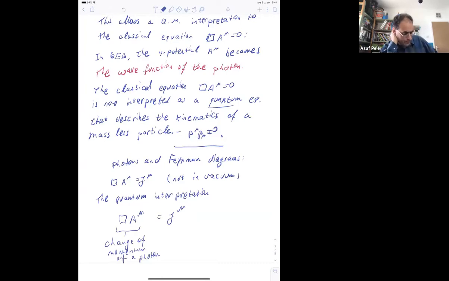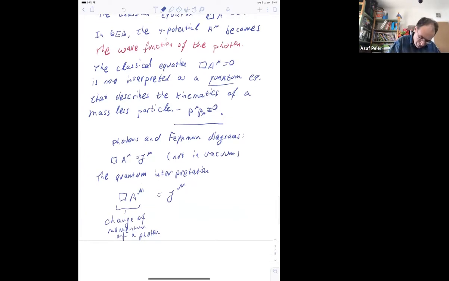Not just a change of momentum, it's a change of energy as well. It's not just momentum. So in other words, we can say that the photon is being produced or being destroyed.